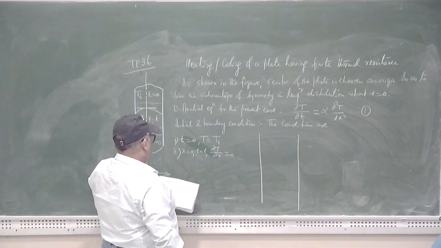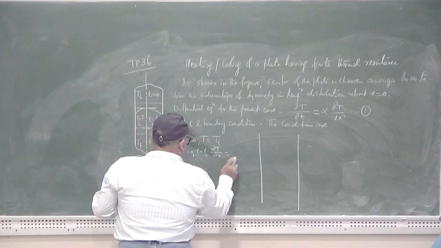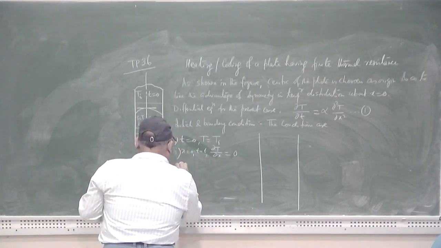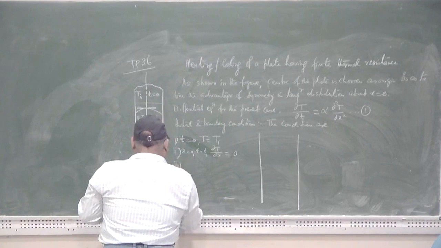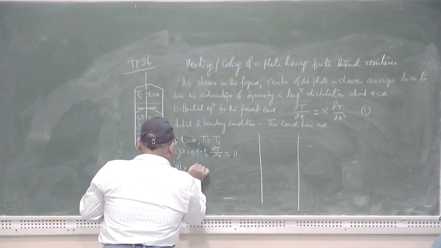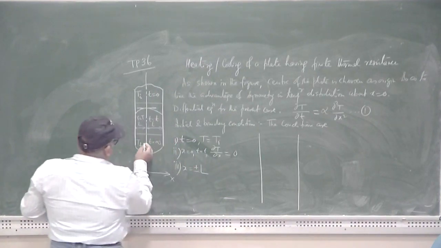So, dT/dx is equal to 0, and the third boundary condition is the application of the Fourier equation here. So, x is equal to plus minus L, that is the surface.